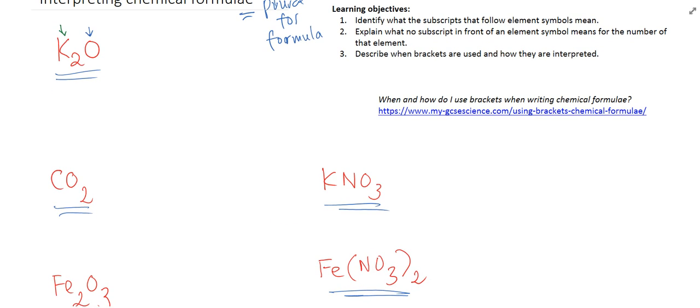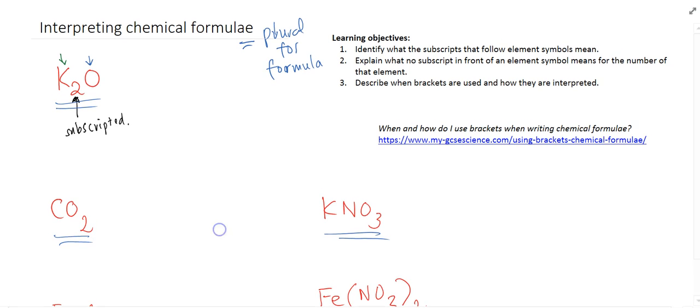The next thing you might notice is that you would find these numbers that are subscripted to the right of certain element symbols. The numbers that follow to the right of any element tell you how many of that element there are in the compound, or the substance we're dealing with.